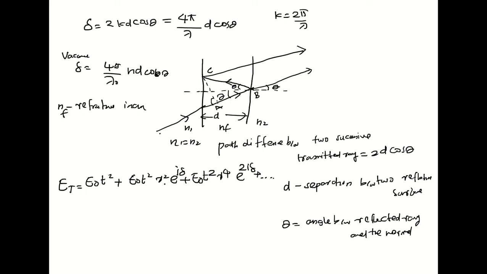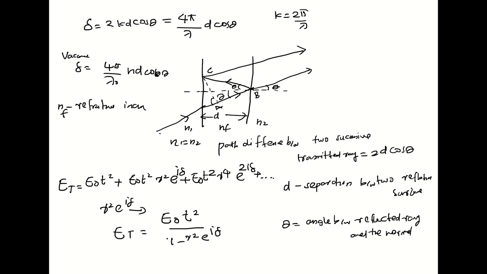So we get a geometric series with ratio r square e raised to i delta. Hence we can write Et equal to E0 t square divided by 1 minus r square e raised to i delta.